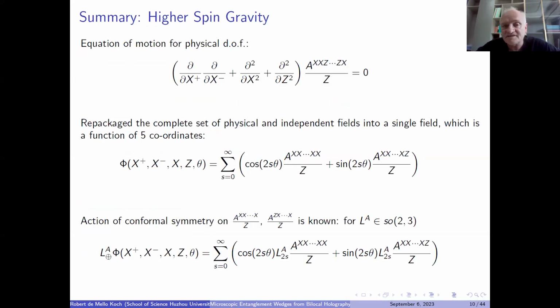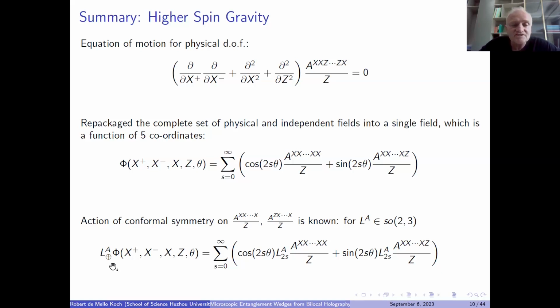So this is a summary of the things I want you to keep in mind. The gauge field divided by Z obeys what looks like a simple Laplace equation. We've repackaged all of the fields of the higher spin gravity by studying a single field depending on the AdS coordinates plus 1 extra coordinate theta.